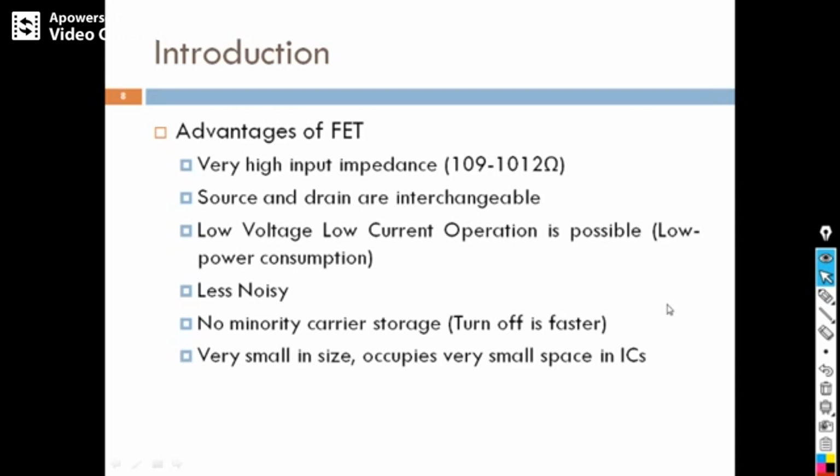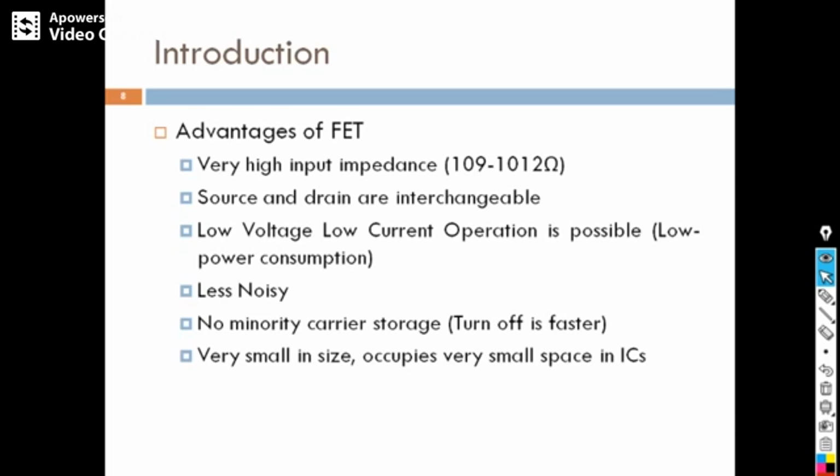So now next, advantages of FET. I told you earlier, FET is a unipolar device, BJT is a bipolar device. Bipolar means current is contributed in BJT by both positive charge and negative charge, that is nothing but holes and electrons. But in FET, it is either by holes or by electrons.